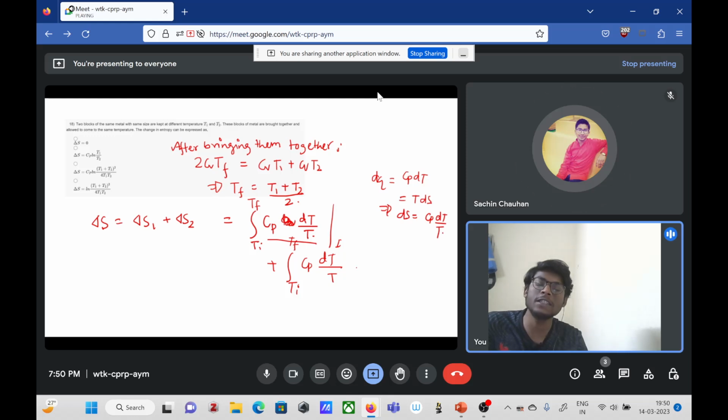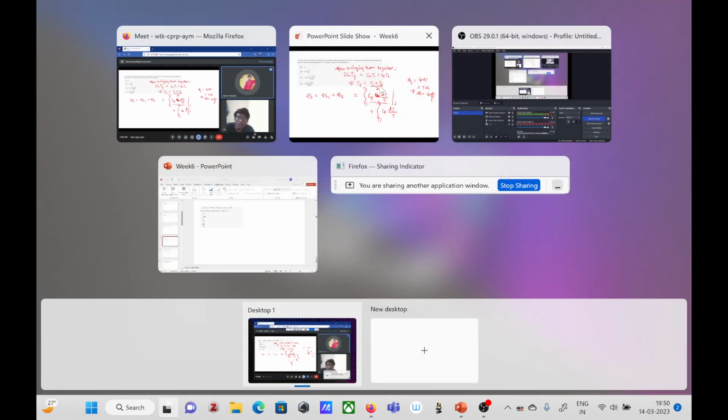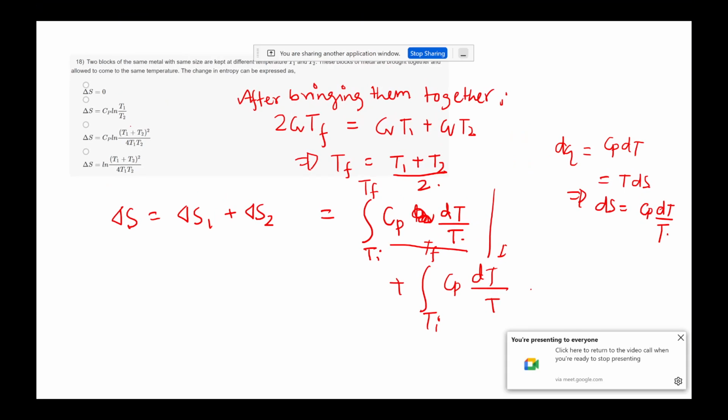Sachin, this integration of Cp dT by T, this will be log, right? Cp ln T. So this becomes Cp ln Tf by Ti plus Cp ln Tf by Ti.